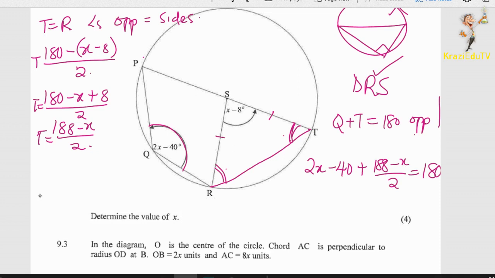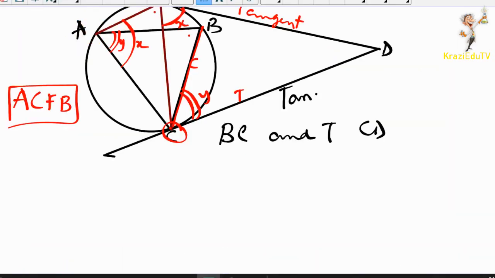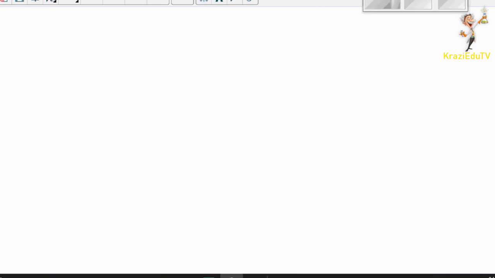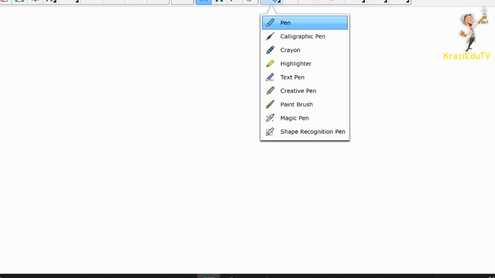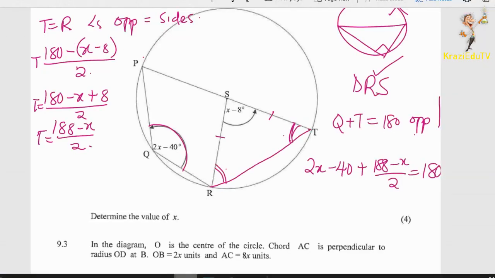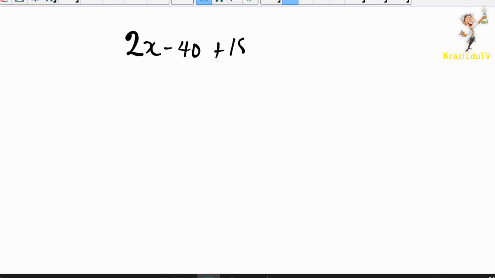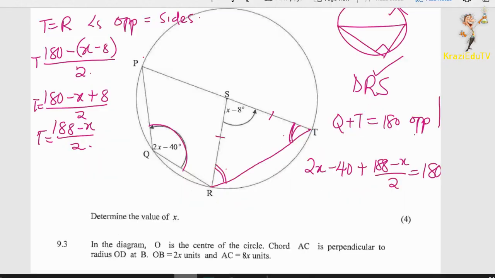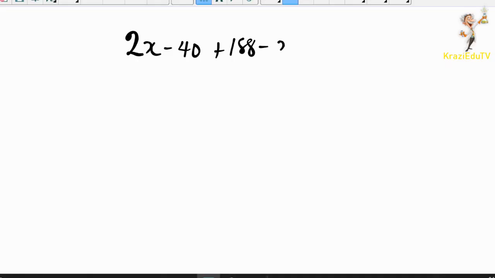Let's go check that algebra and work it out. Now this is all algebra.